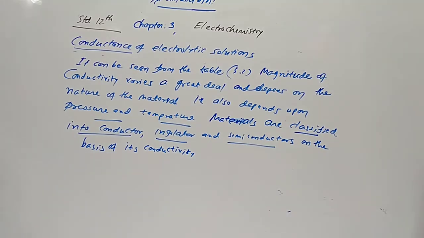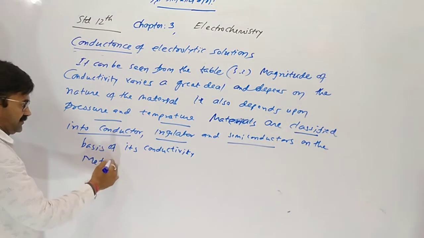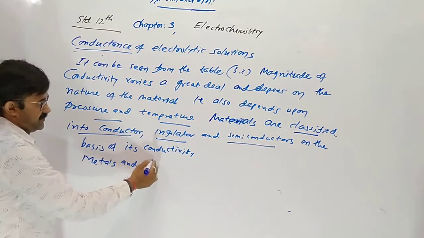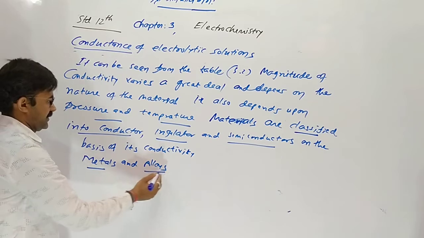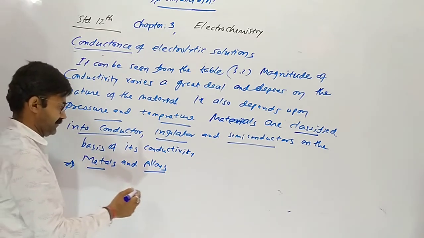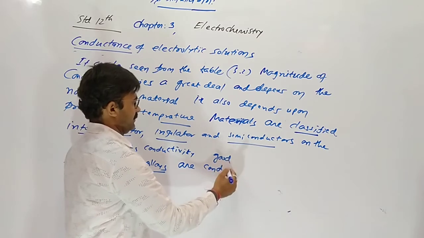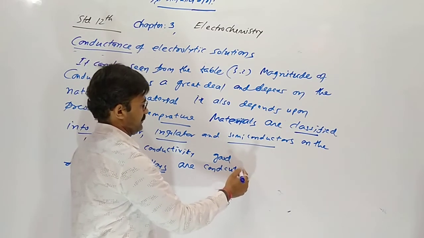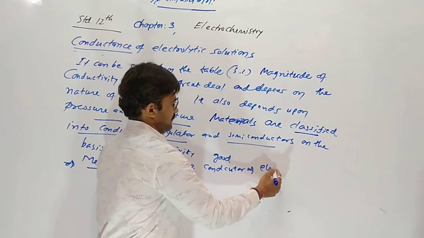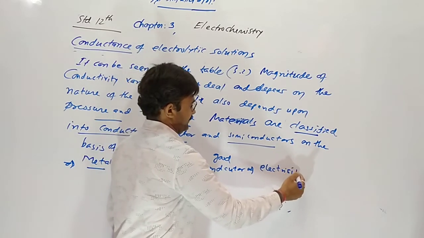We are classifying metals and alloys having large conductivity as conductors. Metals and alloys. What is alloys? Alloys means a mixture of metals, which are good conductors of electricity.